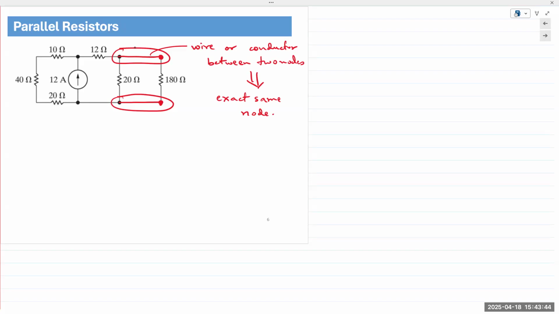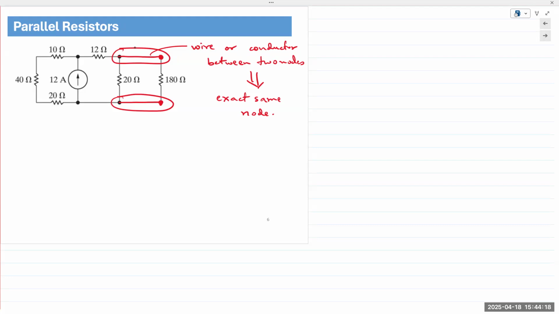A real life example of this would be plugging a power extension cable into a power outlet. In the schematic, the conductor could be very small, maybe 1 centimeter long. It could be 1 meter long. Doesn't really matter. Everything that we see in a schematic or in theoretical calculations is ideal, so the length of the conductor does not matter. It's the exact same node.